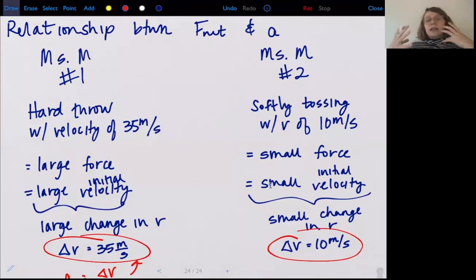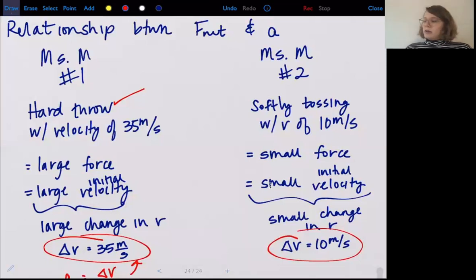As the net force increases, when I throw the ball hard, I have a greater acceleration. The reason I have a greater acceleration is because I have a greater change in velocity. Whether that's positive or negative, it doesn't matter. Okay?